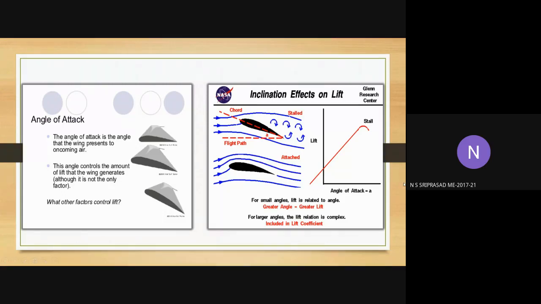So if the angle of attack increases, even the lift will increase. But once the angle reaches some particular point here where my cursor is, okay, that particular point is going to be called the critical angle of attack. Okay, now if the angle of attack increases over the critical angle of attack, that means the plane is going to stall.